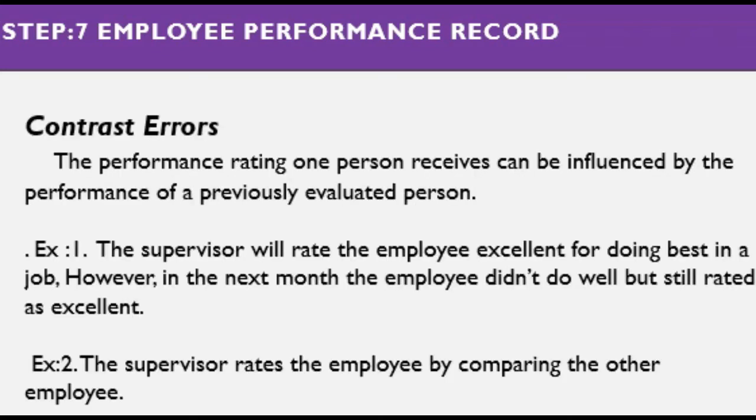Next, contrast error. The performance rating one person receives can be influenced by the performance of a previously evaluated person. Example, the supervisor will rate the employee excellent for doing best in a job. However, in the next month, the employee didn't do well but still rated as excellent.